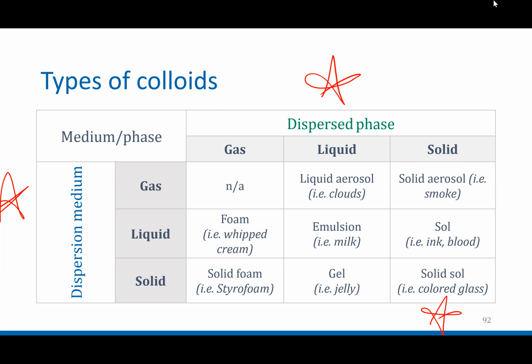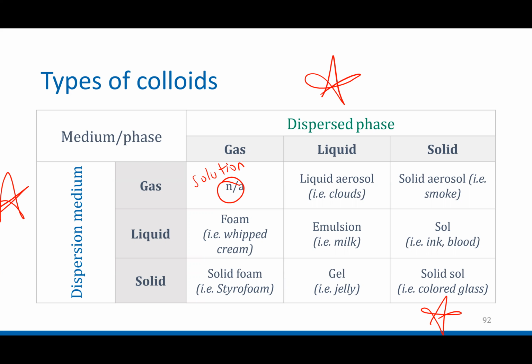The dispersed phase is similar to the solute, the chemical in the lesser amount that's spread throughout the medium. If you had two gases, we would not call that a colloid. That would just be a homogeneous mixture, or a solution. So it's definitely not applicable. We would call this a solution.